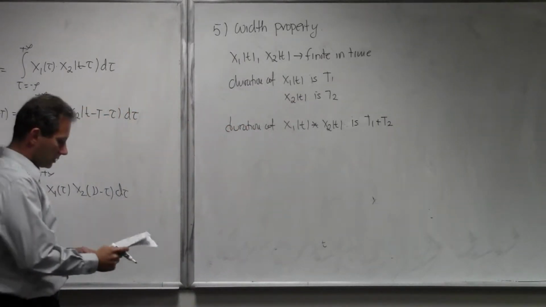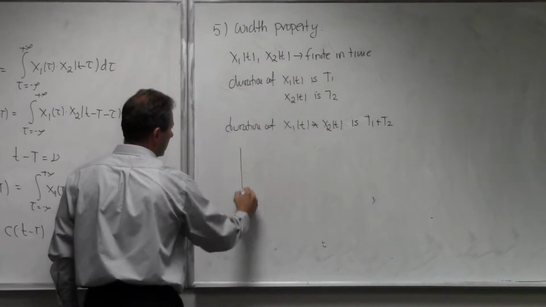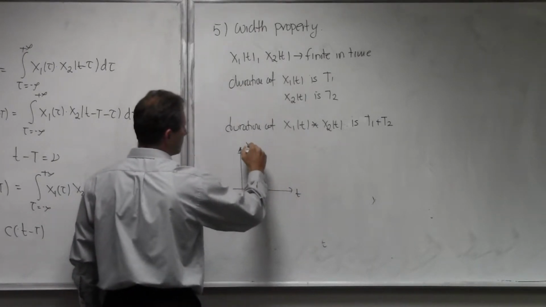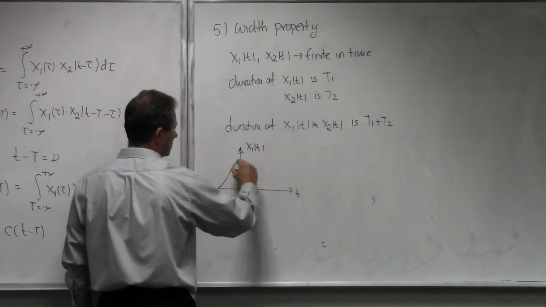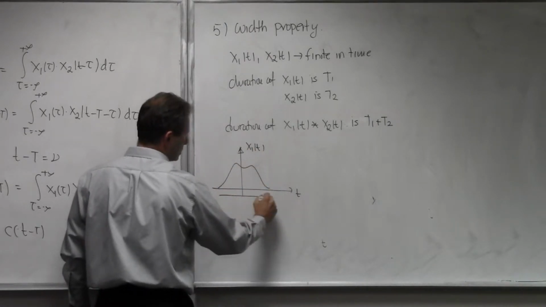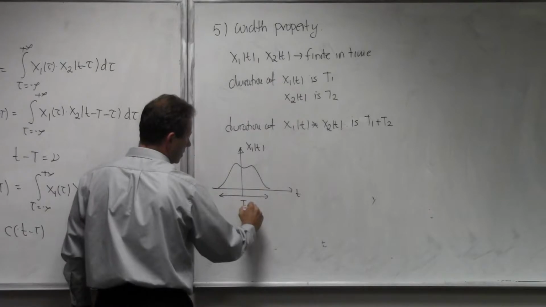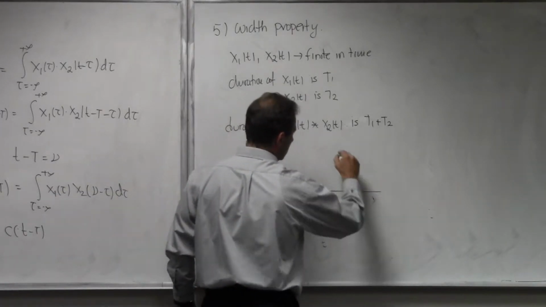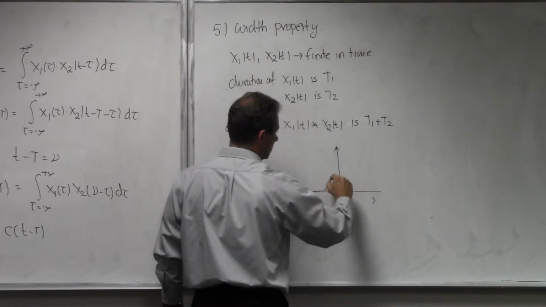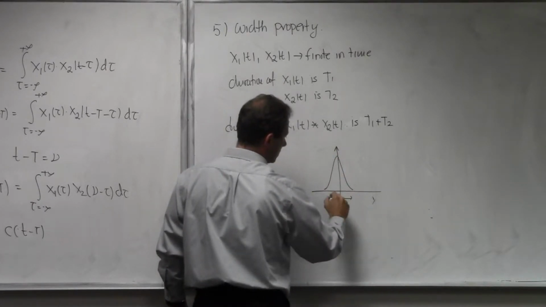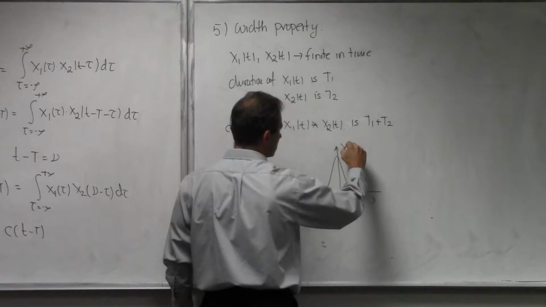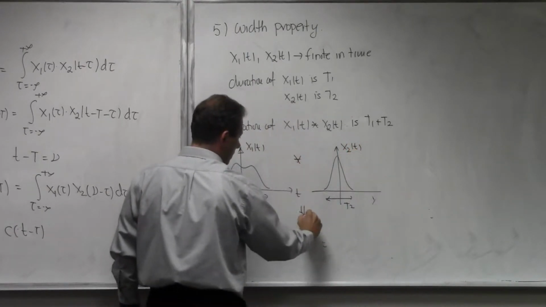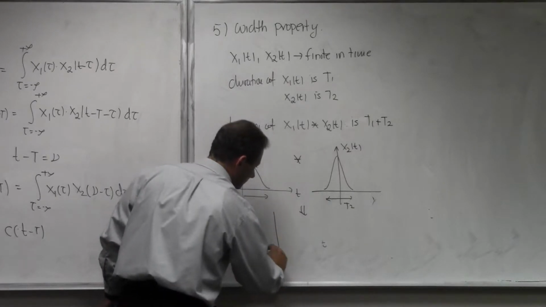Let me sketch what is meant by this. If I have a first signal, let's say this is t and this is x1 of t, and this is how the first signal looks like. Its complete duration here is T1, and I have another signal that looks like this, and its duration here is T2, that's x2 of t. Well, if I convolve these two signals, I get the resulting signal.